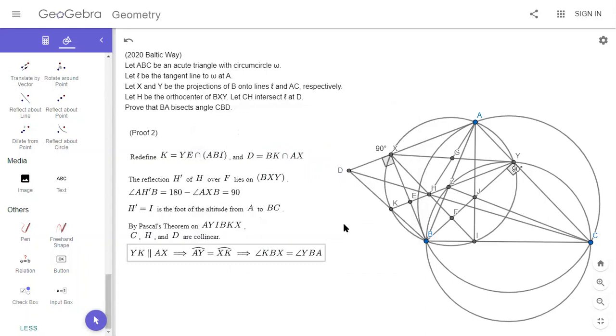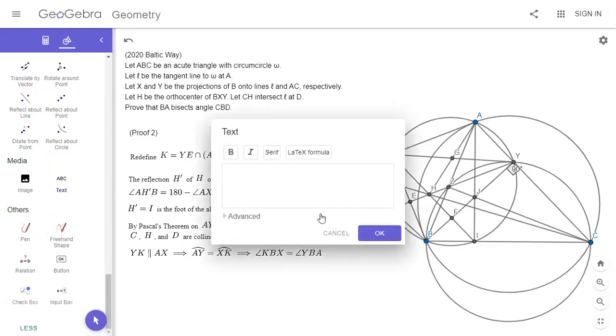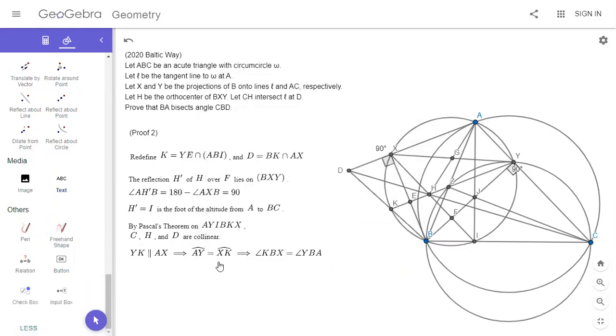And then as in the previous proof, we have angle CBY is equal to angle ABX.